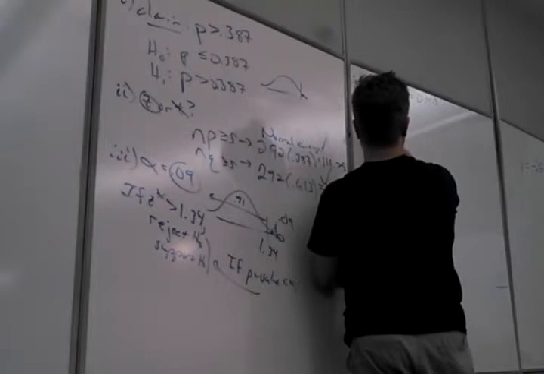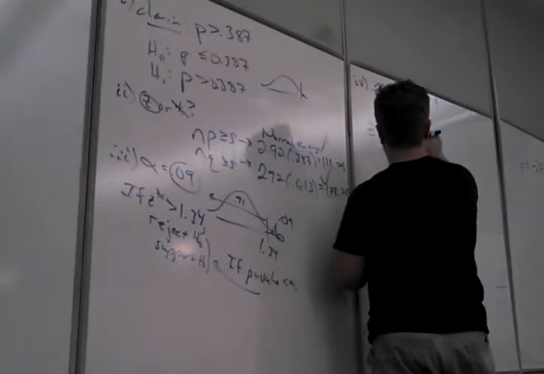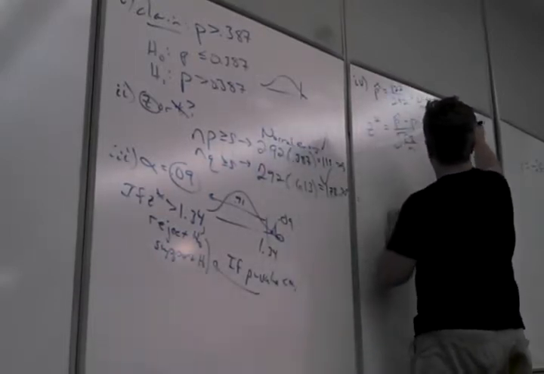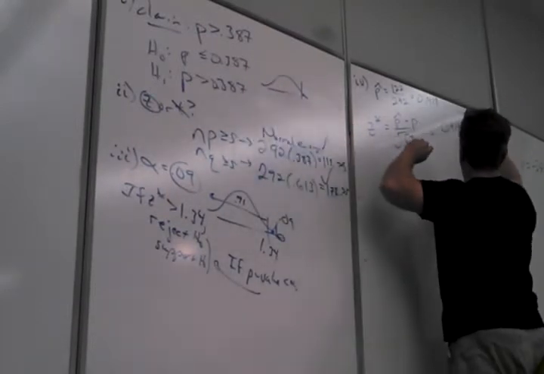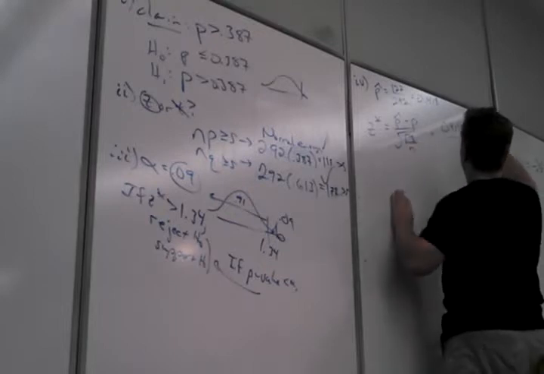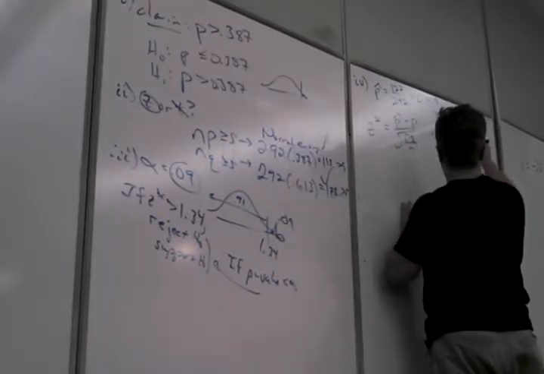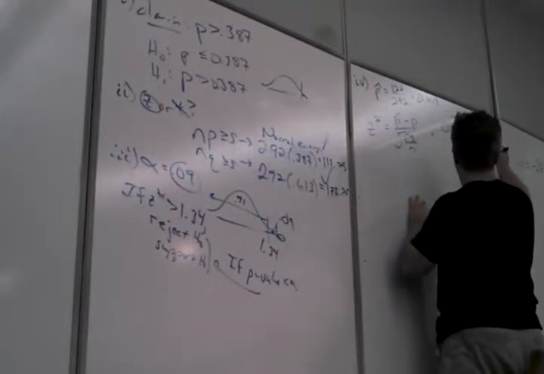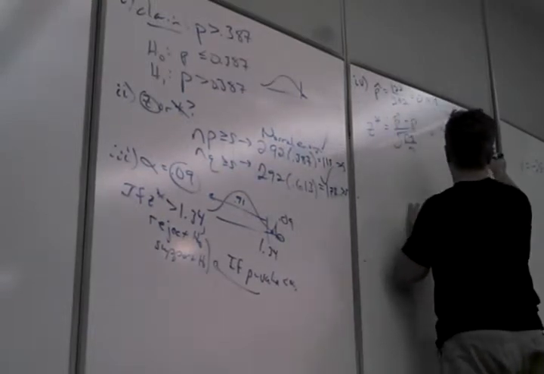So then, what z-score? That's everything I need for the z-score formula. p hat minus p over square root of pq over n. So it's going to be my value minus the supposed middle, divided by square root of the p q, which we figured out earlier, over n, 292, not 122.